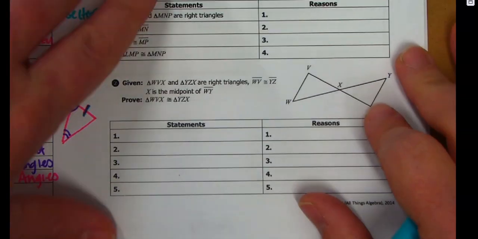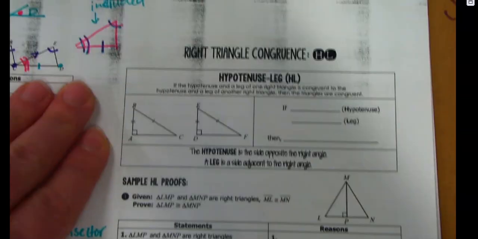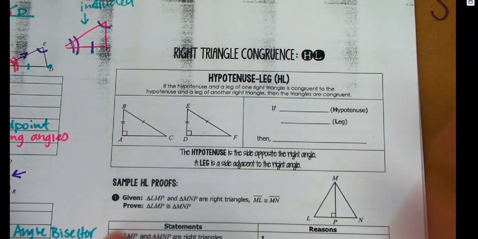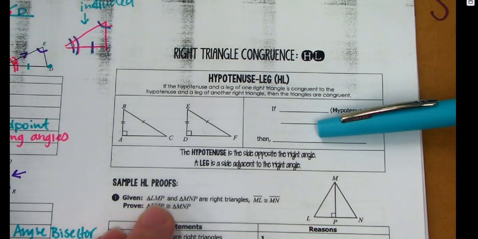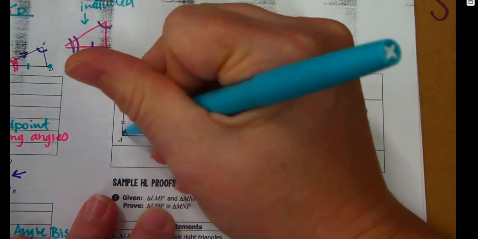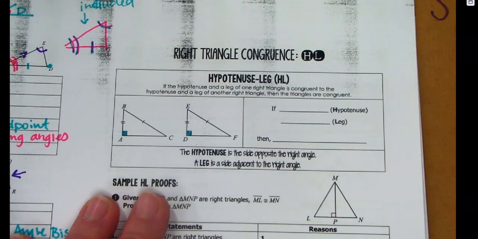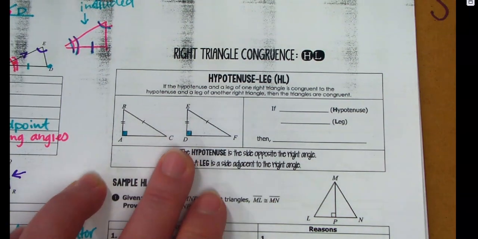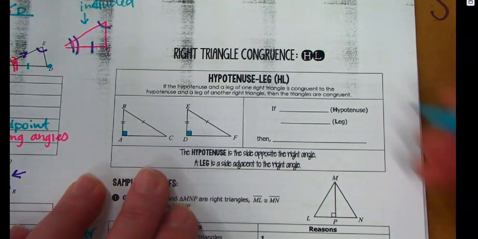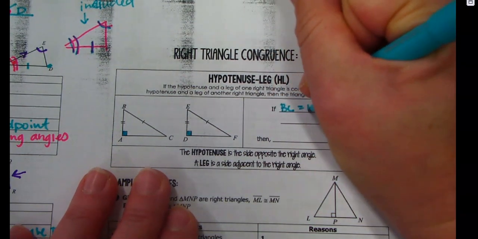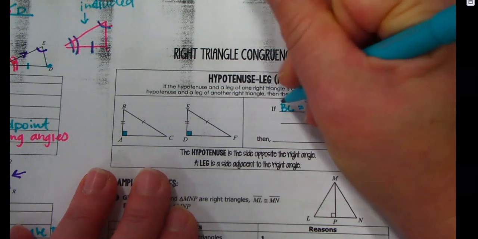All right, now we're looking at our last thing for the day, which is the hypotenuse leg. This only applies to right triangles. It has to have this little box. Has to be a right triangle because if it is, then you know that angle. Okay? So the hypotenuse in this case is BC is congruent to EF. So you have to know the hypotenuse.